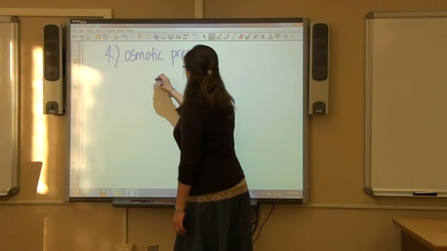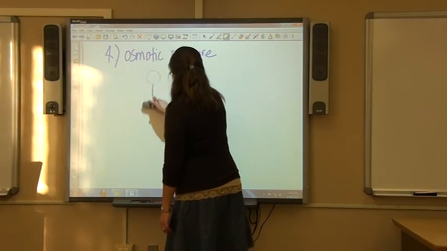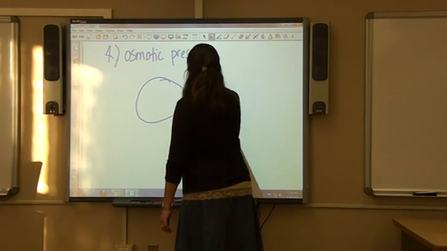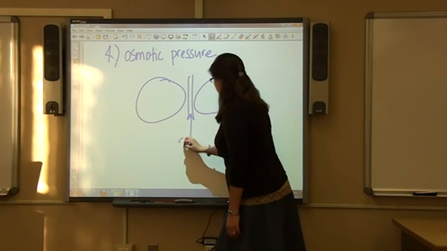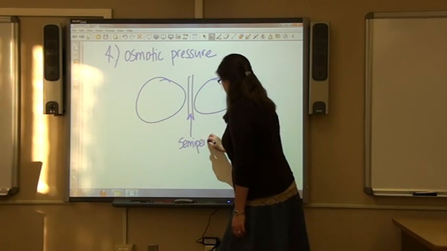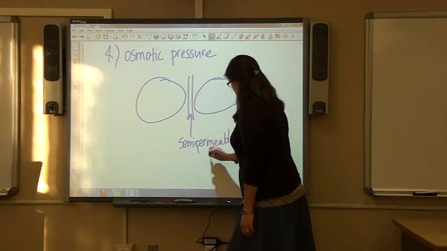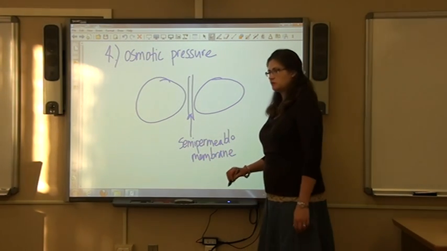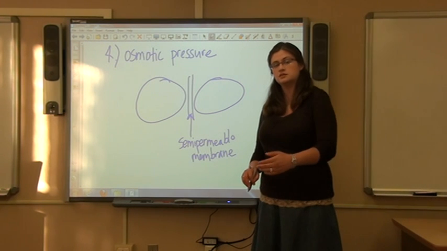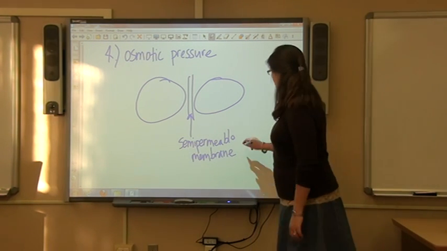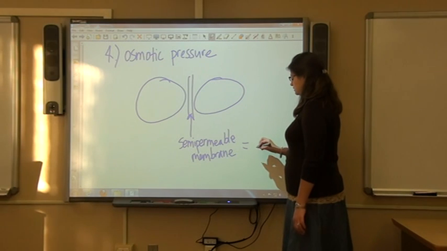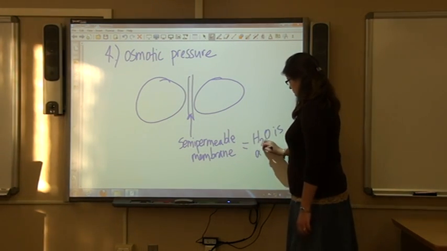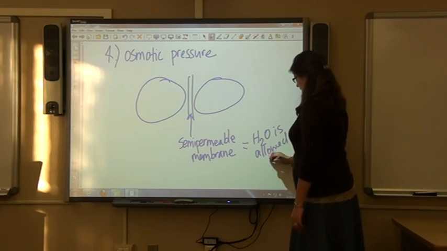Okay, so if you take two solutions and you separate them by what's called a semi-permeable membrane, in other words, the semi-permeable membrane allows some things to pass through but not everything. And in cell walls, the something that is allowed to pass is water. And that's about all.